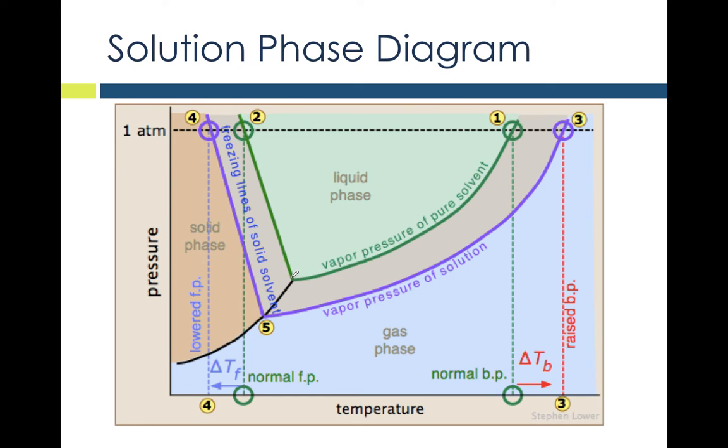The normal boiling point and freezing point you can see over here along the green line, which now I'm painting over with yellow. That's the normal boiling point and freezing point of a particular solvent. Notice how adding something like salt pushes it further back, so the freezing point becomes lower, and this one gets pushed forward, which means the boiling point becomes higher.